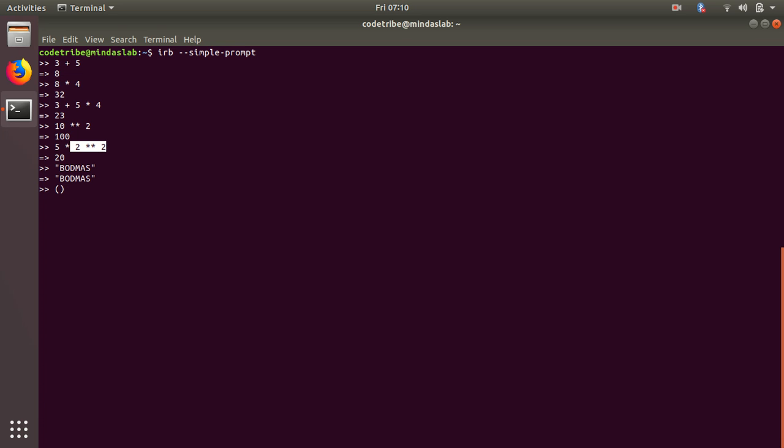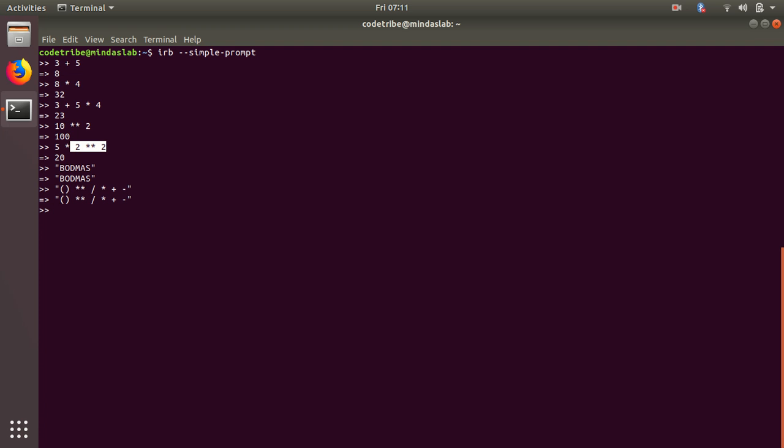Just forget about this O, that means of. Next will be division, but in Ruby, before division comes this raise to the power of. Next will be multiplication, next addition, and next subtraction, that is minus. In this way Ruby evaluates. So whatever is in the brackets gets evaluated first.